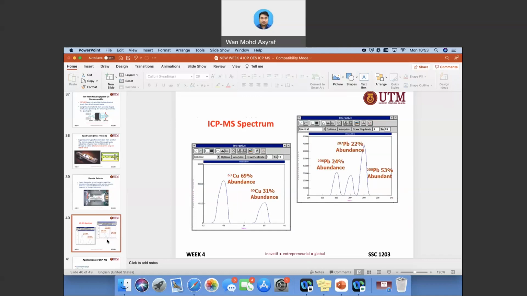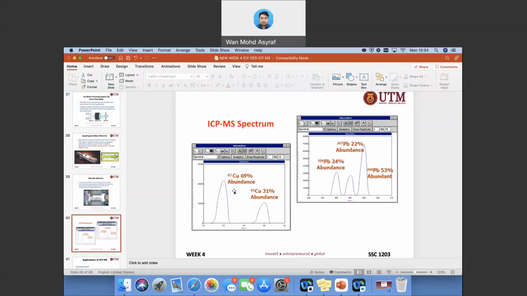All right. So, an example of an ICP-MS spectrum. You can see that we can look at the different types of isotopes. For example, copper 63 and copper 65: 69% in abundance of all of the copper inside the sample comes from copper 63, but copper 65 is only 31%.